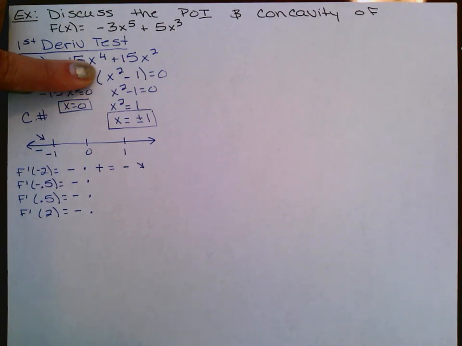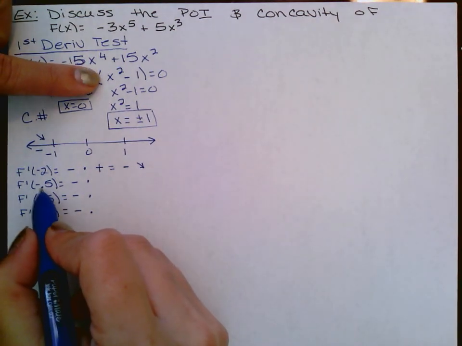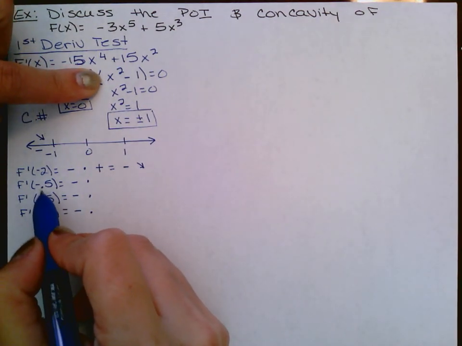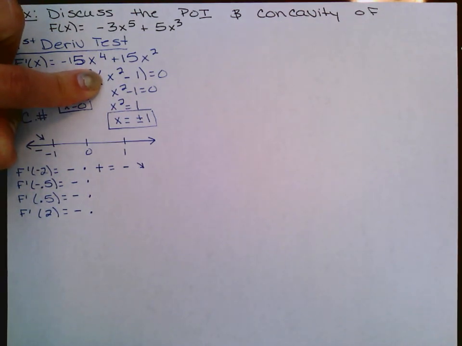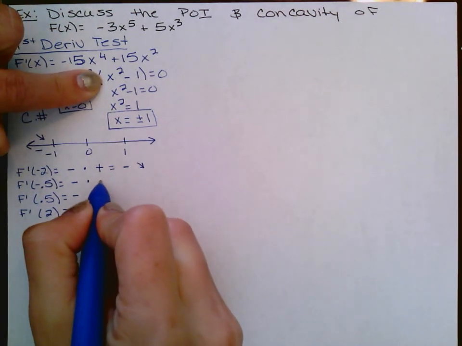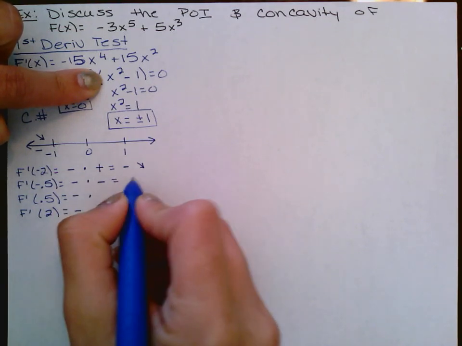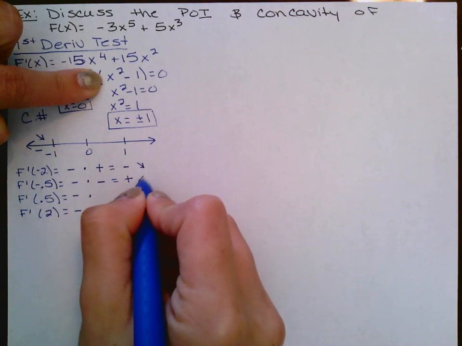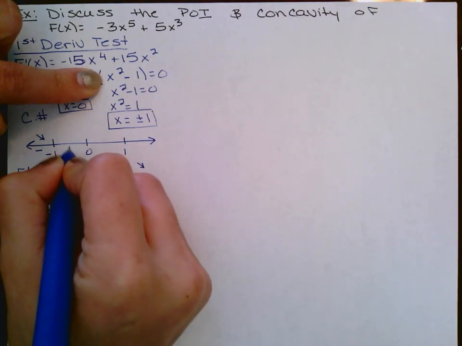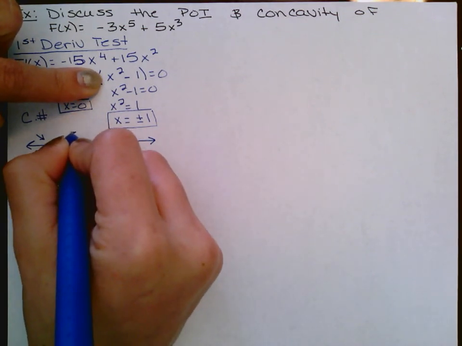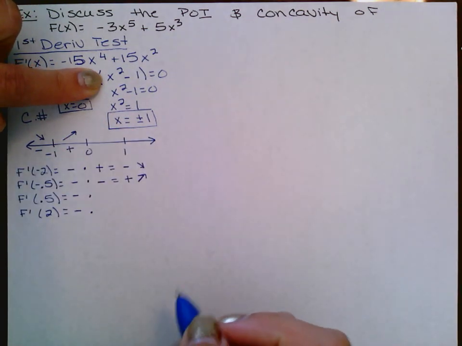decreasing. Now if I put a -0.5 in here, the squared makes it positive. 0.25 minus 1, again, positive 0.25 minus 1 would give me negative. Negative times negative is positive, which would indicate increasing. Okay.